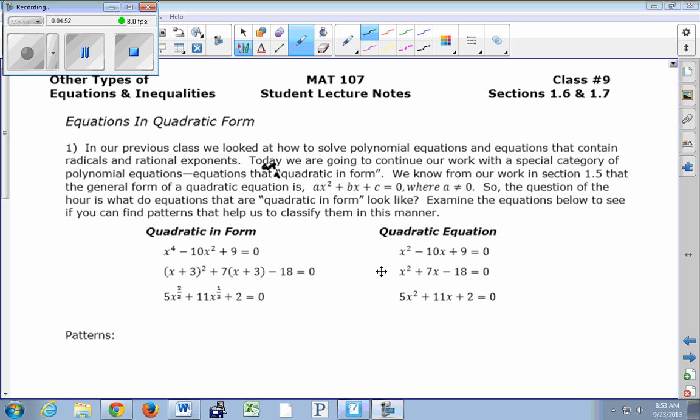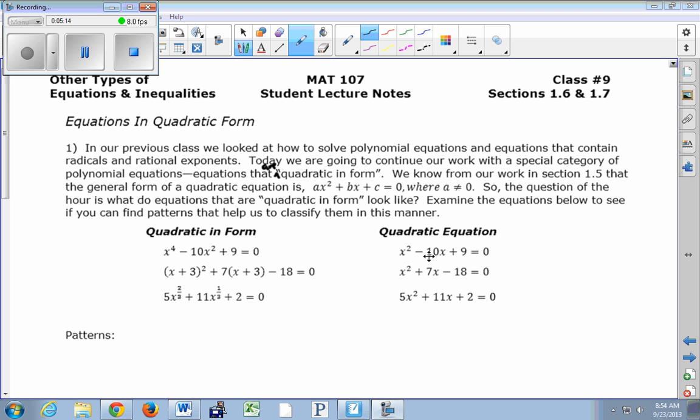So what observations have we noticed? What patterns? So if you were looking at this, say on an exam, if you were looking at this first equation, what are going to be the little signals that say, ooh, this looks like a quadratic. It has the same form of a quadratic.